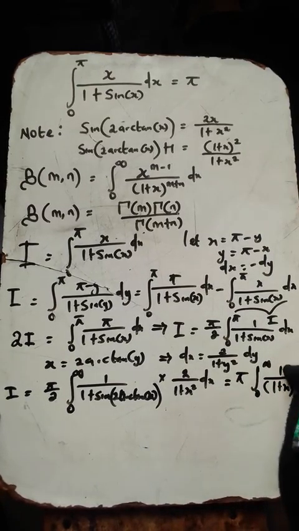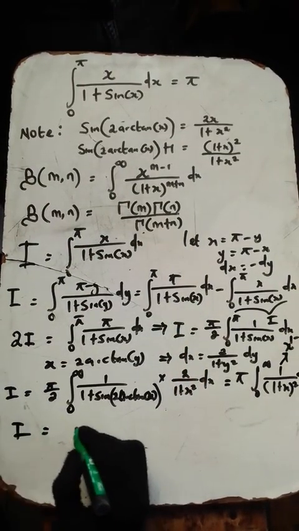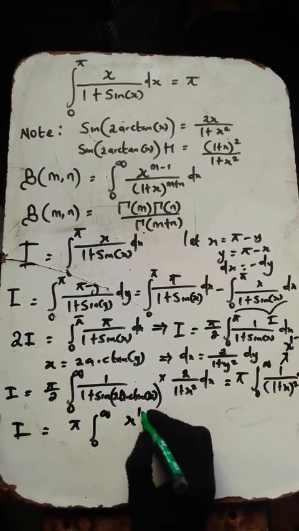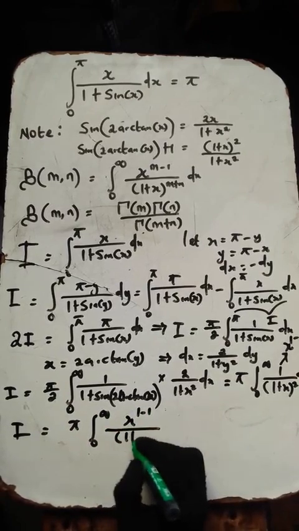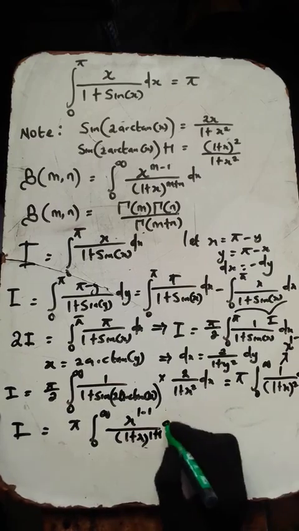So this 1 here, I'm going to write this as x raised to power 1 minus 1 because I want to make use of this beta function here. So we have I is equal to pi integral from 0 to infinity x raised to power 1 minus 1, over 1 plus x raised to power 1 plus 1, since 2 can be written as 1 plus 1, dx.